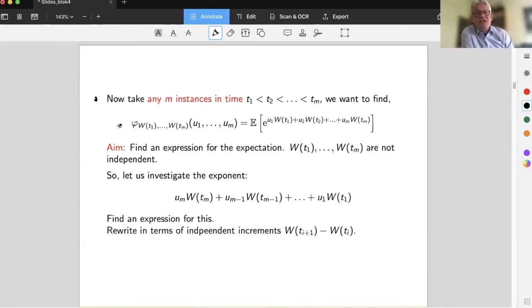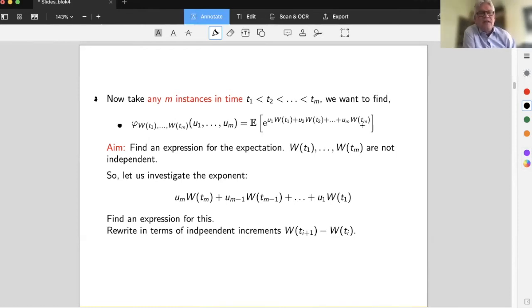By definition, this is given by the expected value of e to the power u1 Wt1 plus u2 Wt2 plus u3 Wt3, etc., up to plus um Wtm. We would like to find an expression for this expectation.